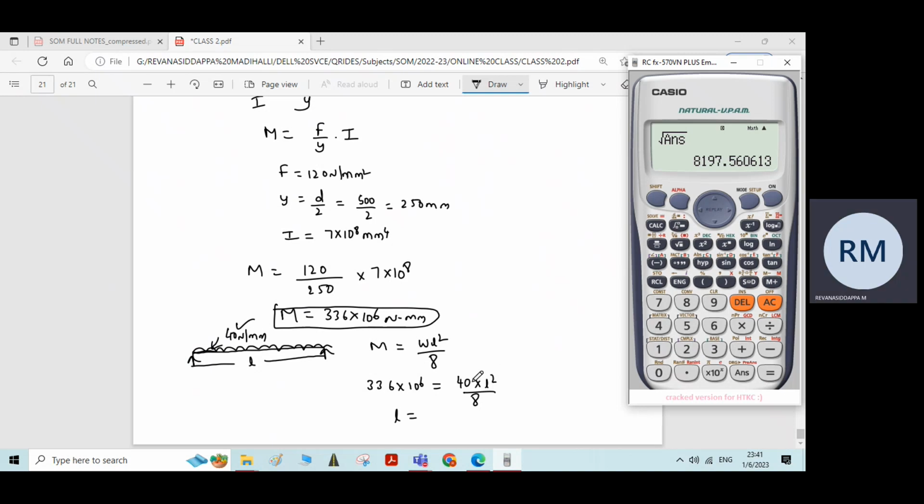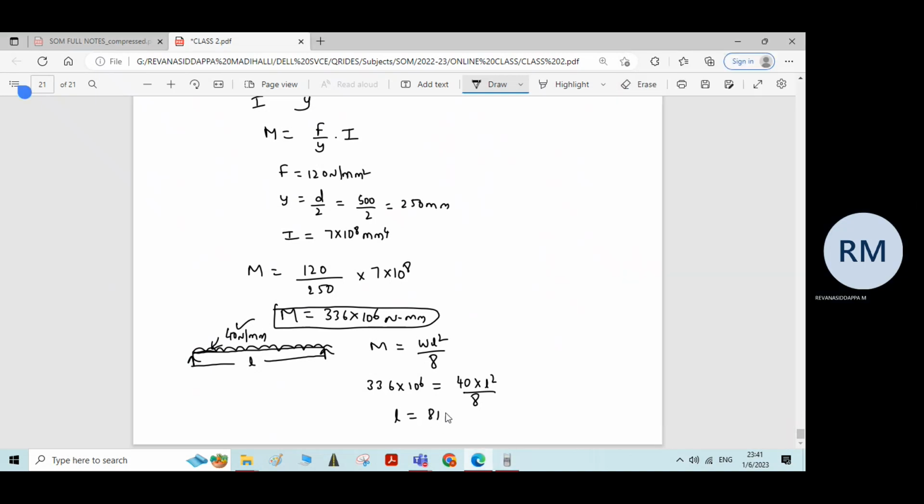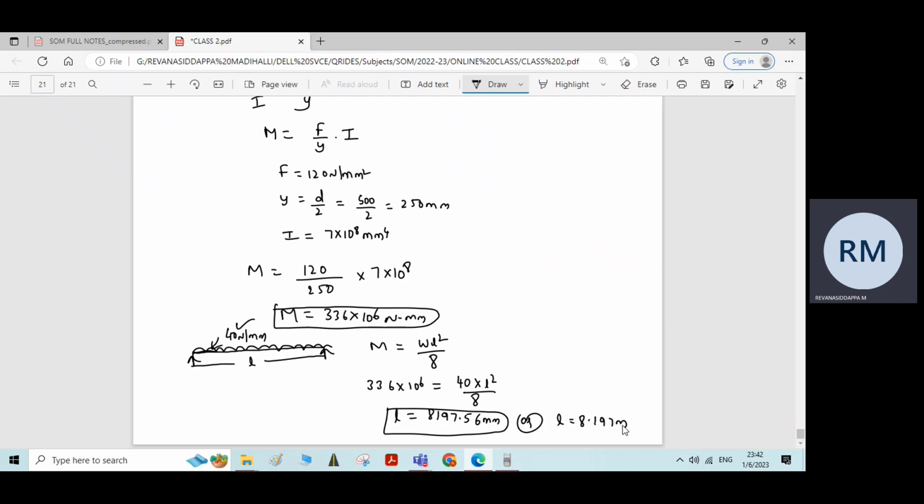Okay, so L is 8197.56 millimeter, or in terms of meter, it is L is equal to, it will be how much? 8.197 meter.